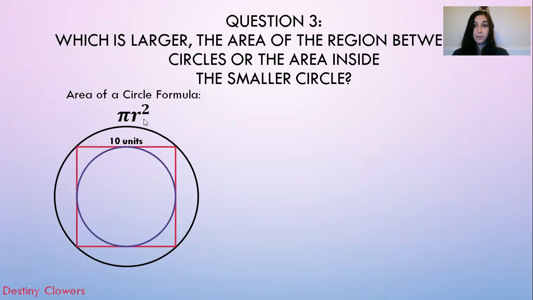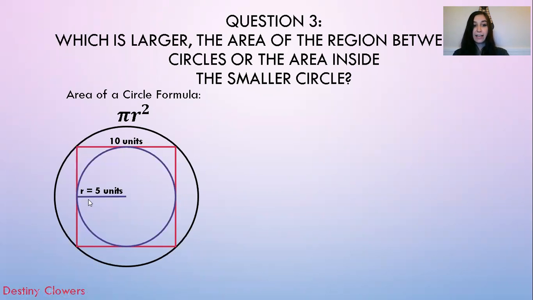Now you might be wondering what the r is, which is radius, and we've already learned that radius is half of the diameter. Now notice that the square's length is 10 units, and that's also the diameter of the circle. So all we have to do is take half of 10, so 10 divided by 2, and that equals 5.